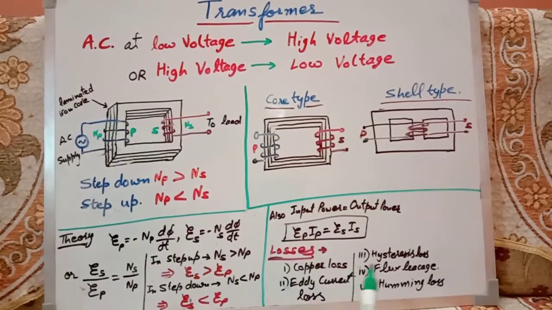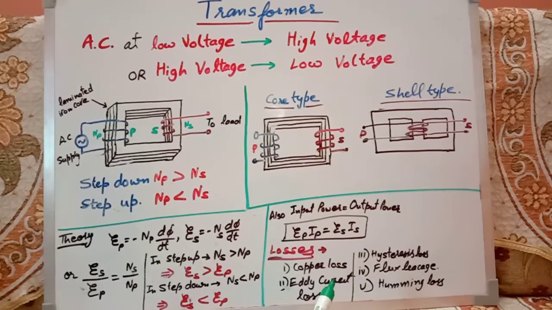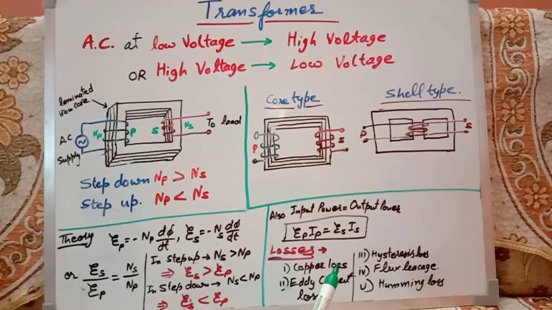The most important application of the transformer is in the transmission of electric power from a power station to far away areas where it is actually used. It minimizes the power loss during the transmission of electric power. And clear?